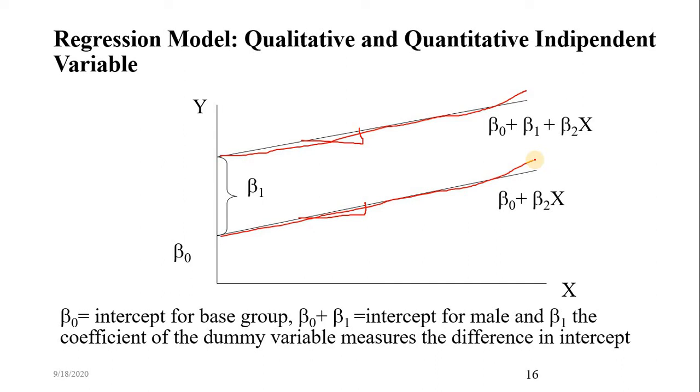It means that whenever there is a change in experience, both the salary of male and female will increase in a similar fashion, or similar magnitude. Only the average salary will differ. This is the salary of the female, this is the salary of the male, and this is the salary difference between male and female. But we are assuming that the slope of the regression line will be the same. I will show you that.